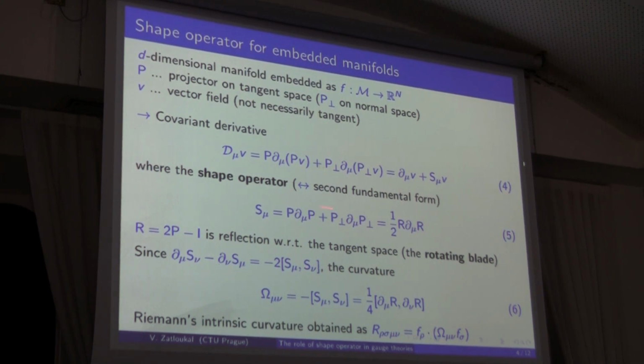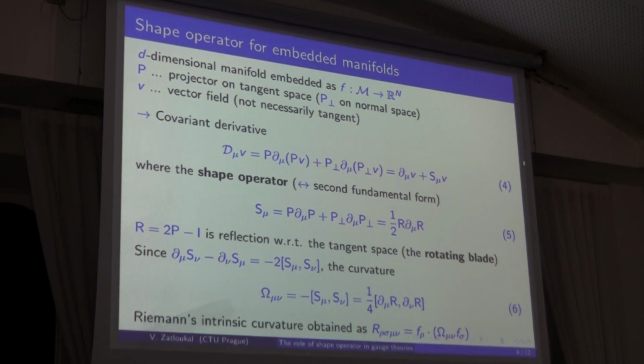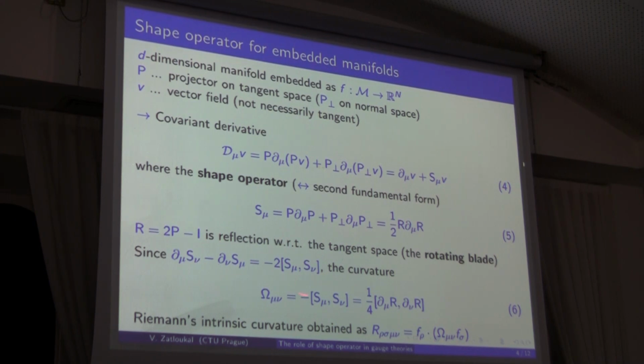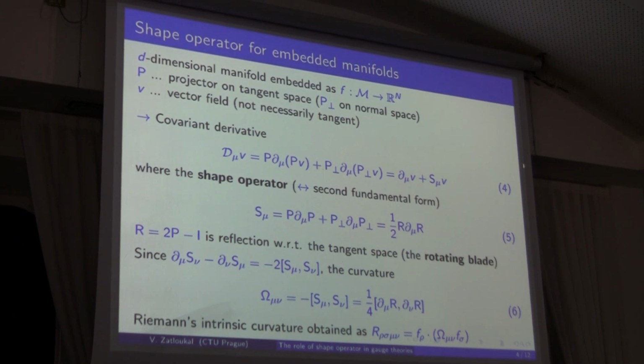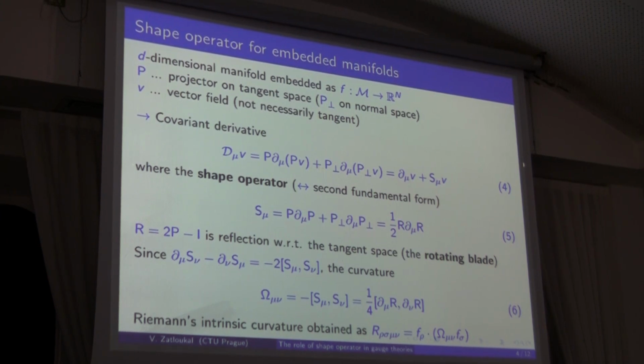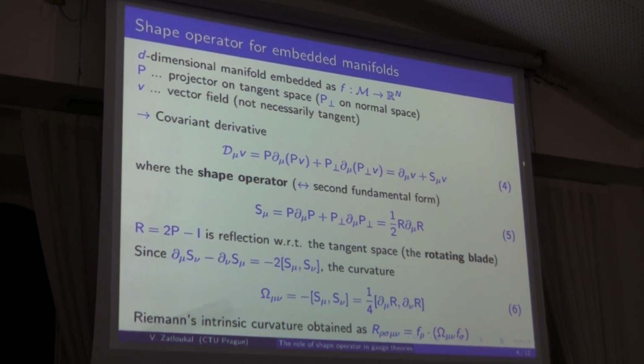Now, since S is given by this derivative of the rotating blade, it satisfies some differential identity, this one. And when we calculate the curvature of the connection, we can express it in terms of the commutator of this shape operator. So we don't need the derivatives of the connection coefficients. This is well known for embedded manifolds.